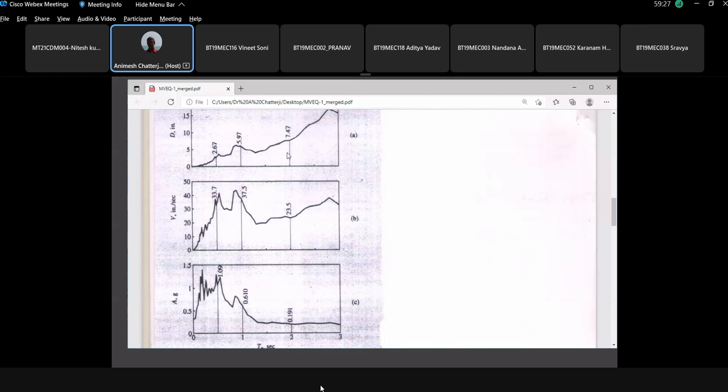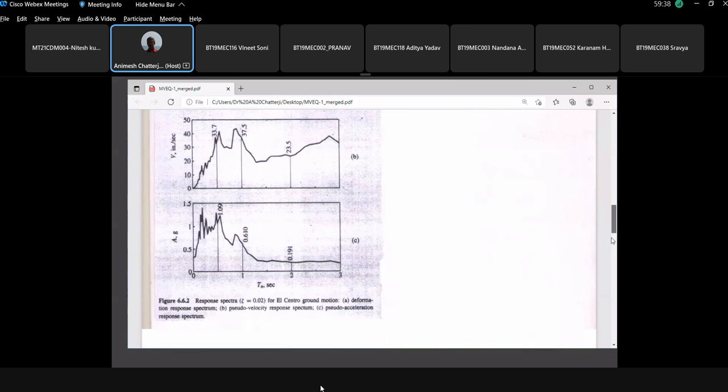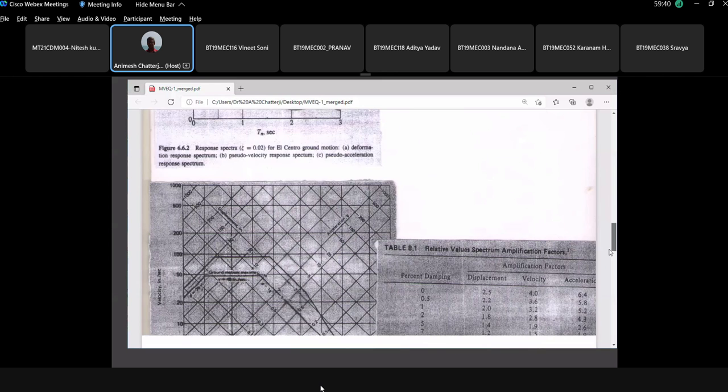Because we can find deformation, velocity and acceleration, a confusion comes about which one I should calculate. So we have a graph. This is a single graph where all three parameters are shown simultaneously. I'll give you the PPT and you have to study it.